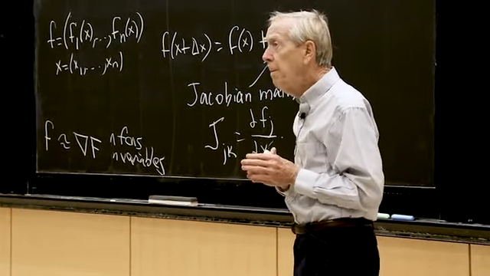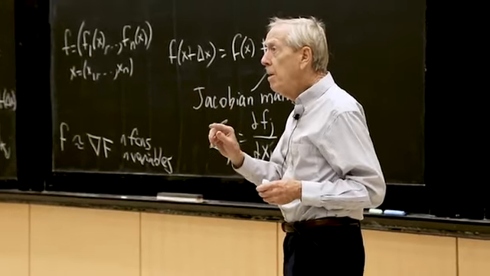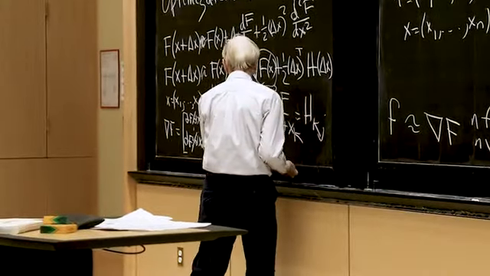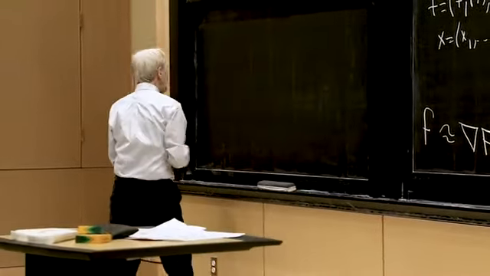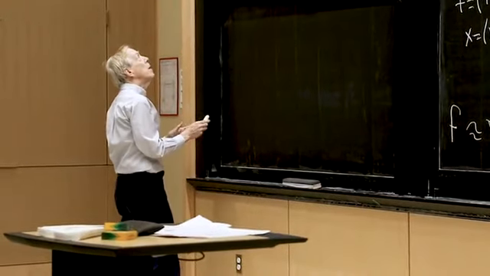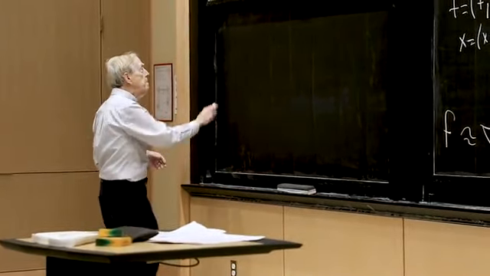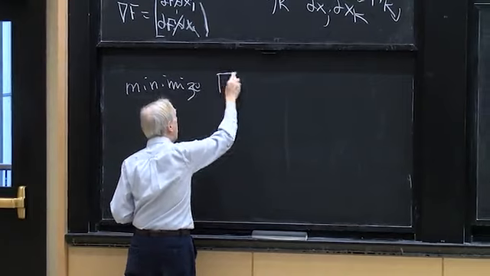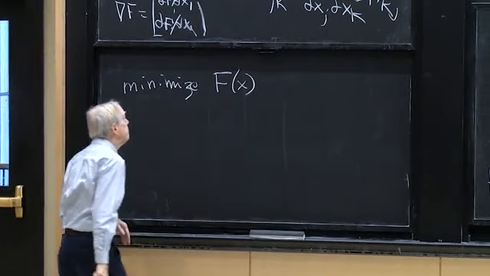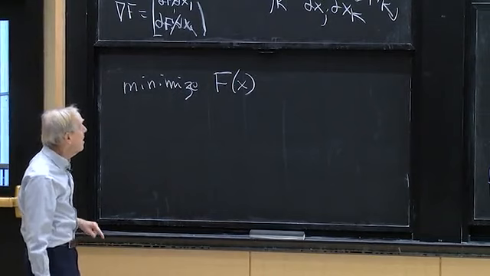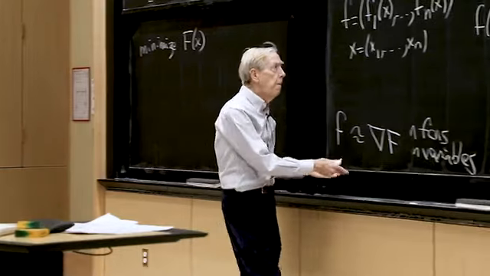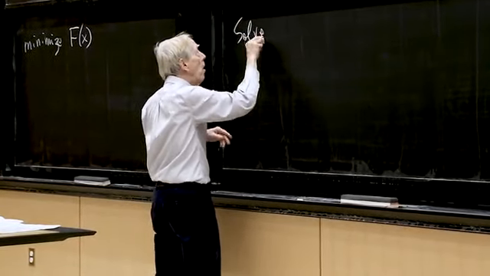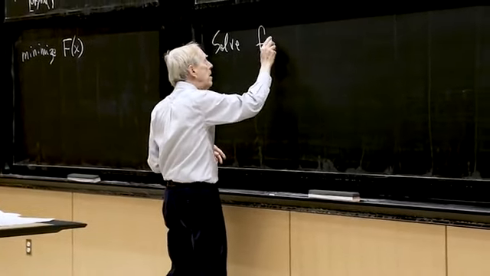So that's the background. Now I want to look at optimization. So over here, let me try to minimize f of x, and I'll be in the vector case here. And over here, I want to solve f equals 0.